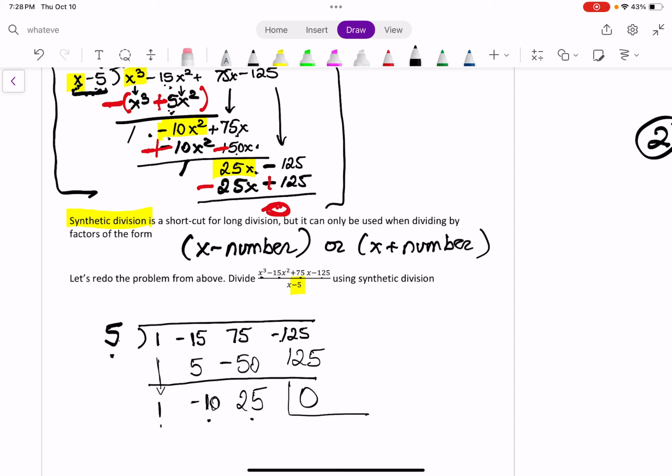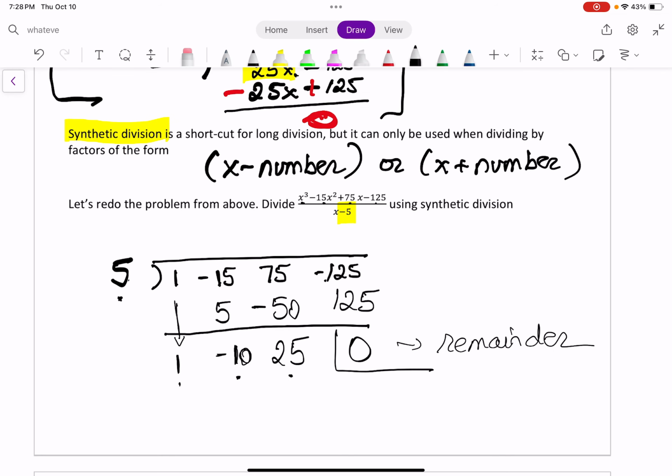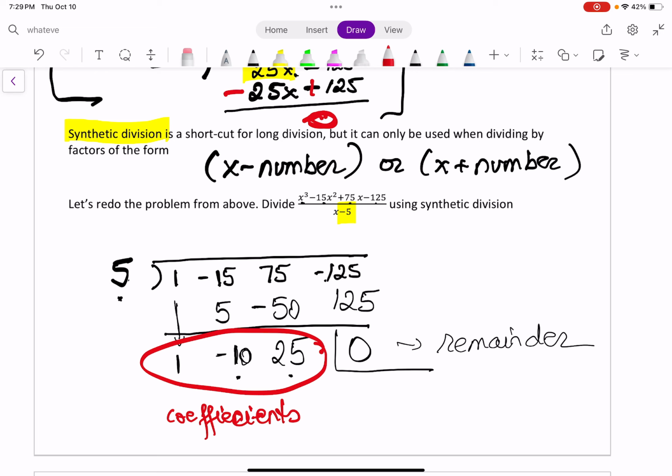Now, this number at the back is always the remainder of the division. Okay. These numbers here at the front are the coefficients of the quotient.